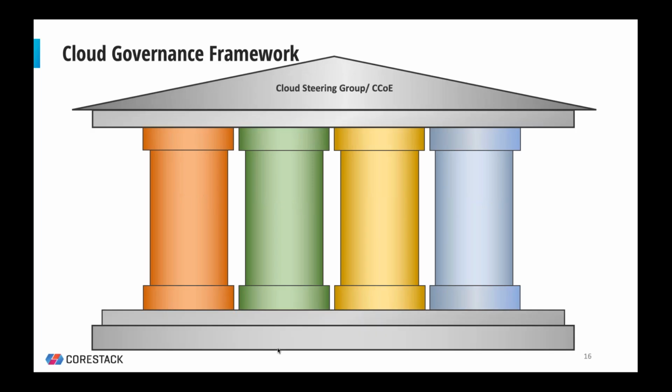So from a cloud governance standpoint, it's very similar. You define your cloud steering group, your executives that are verifying that as an enterprise, our governance framework is enabling us to achieve our goals and initiatives as a business. If governance is just put in place to put checks and balances and is not helping you achieve your overall goals and initiatives, then it's not going to be a successful practice.